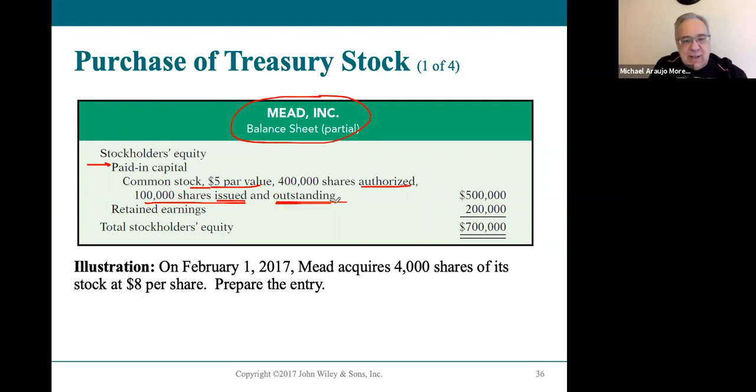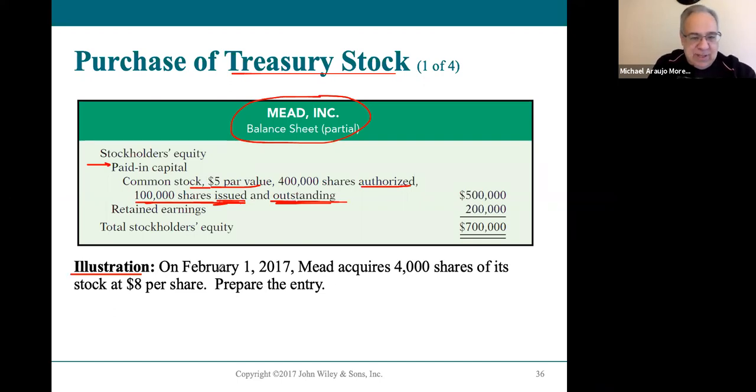Outstanding means the investors still own them. Well, who else can own them? The corporation. So issued and outstanding simply means the amount that have been sold to investors and how many of those shares are still owned by investors. So in this case, all 100,000 that have been issued are also owned by investors.